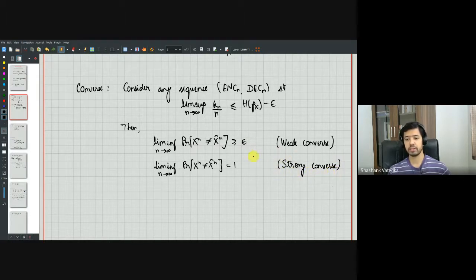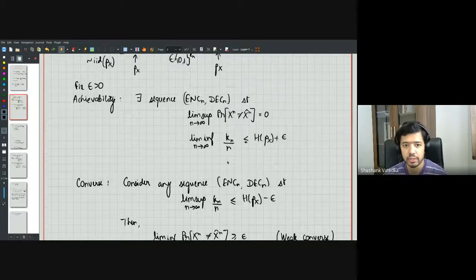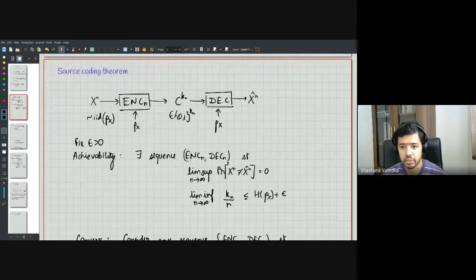And this says that if you try to compress at a rate below the entropy, then it is not just that the probability of error is greater than zero, the probability of error is in fact equal to 1 asymptotically.